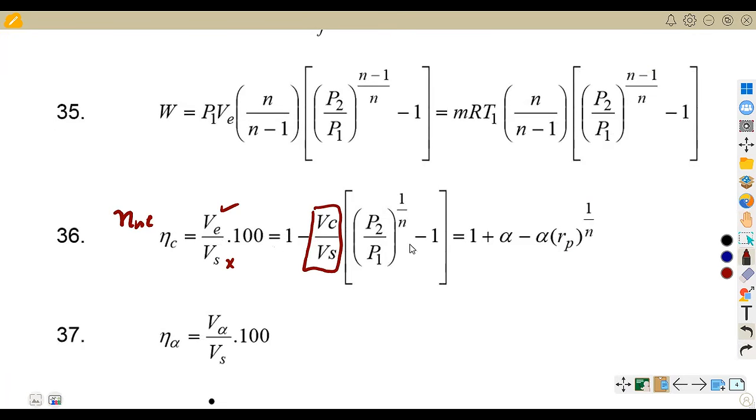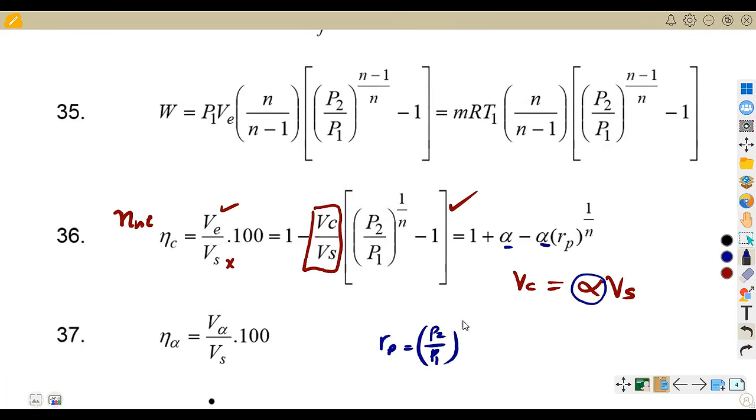We have P1 and P2, so meaning to say this formula can work. Alpha in this case is the ratio that we are taking between VC. Remember I said VC is equal to alpha VS. And RP is the ratio of the pressure in this case, which is taken as P2 over P1.